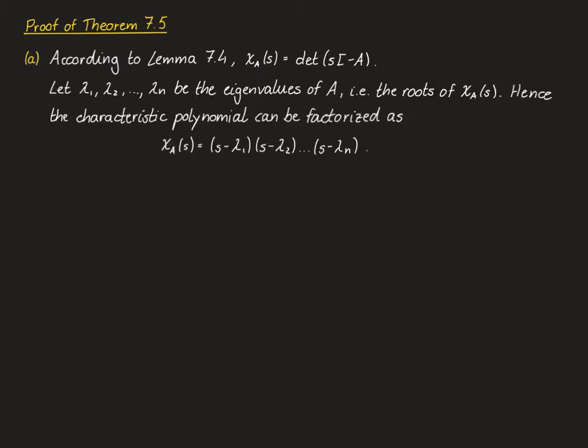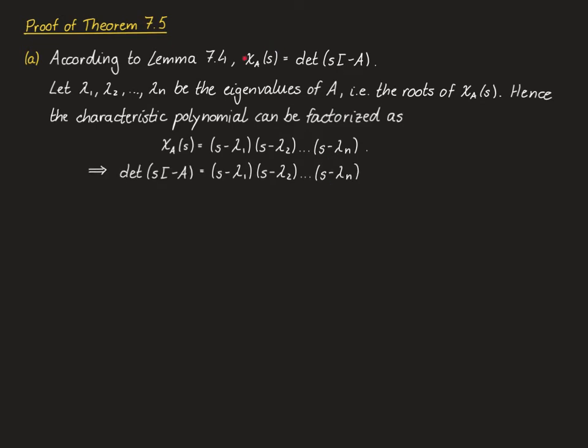Now let lambda 1 through lambda n be the eigenvalues of A, in other words, the roots of the characteristic polynomial chi A of s. Then the characteristic polynomial can be factorized as (s minus lambda 1) times (s minus lambda 2) and so on up to (s minus lambda n).